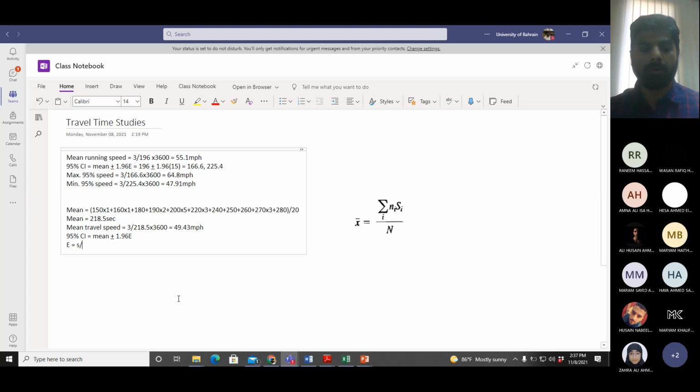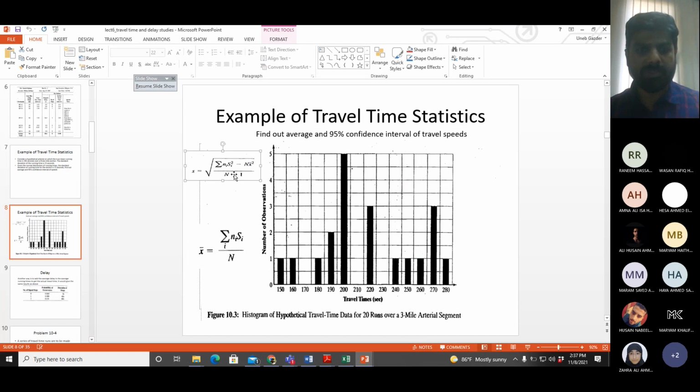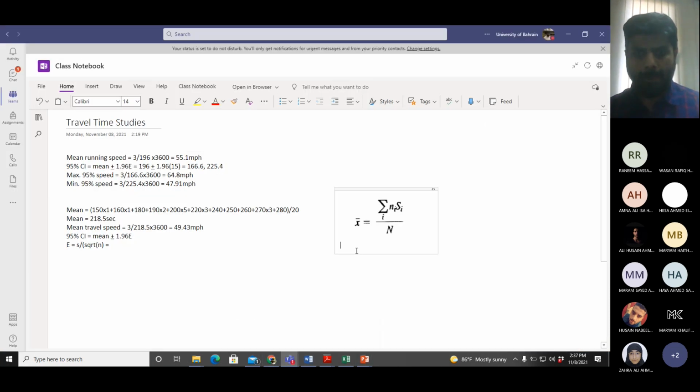So E is S upon square root of N. Okay. So I need S, right? I need standard deviation. The equation for standard deviation, again, for frequency distribution data is this one. I need to calculate the standard deviation.